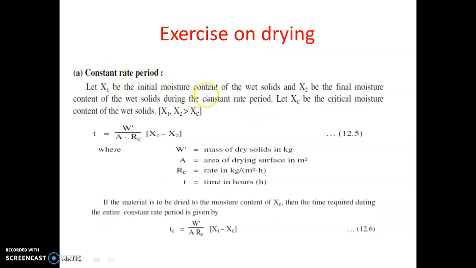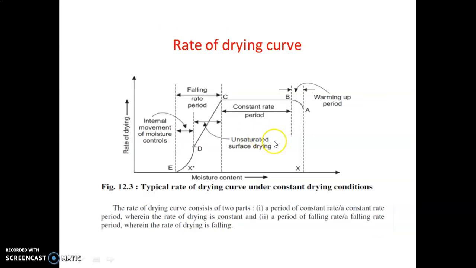Let X1 be the initial moisture content on a wet basis and X2 the final moisture content on a wet basis of the wet solids during the constant rate period, and Xc is the critical moisture content, so X1 and X2 are greater than Xc. Here this is X1 and here may be X2, and Xc is the critical moisture content.